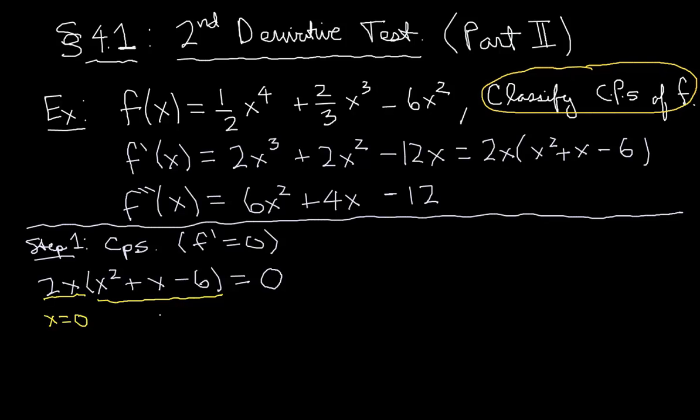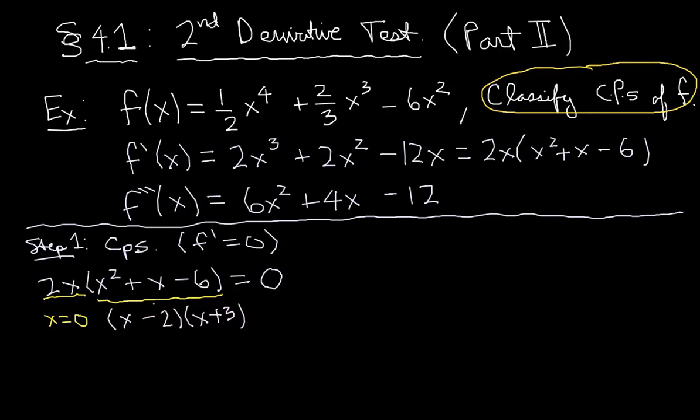Well, there are two ways you can do this. You could either use the quadratic formula, or you can just continue factoring it. In this case, it's pretty easy to factor. It actually factors as x minus 2 times x plus 3. And why is that? That's simply because the leading coefficient here is 1.